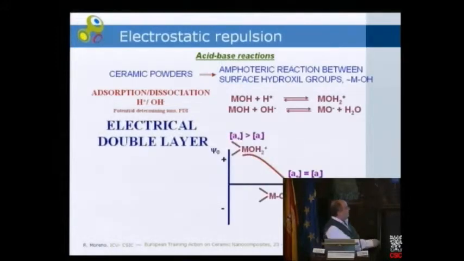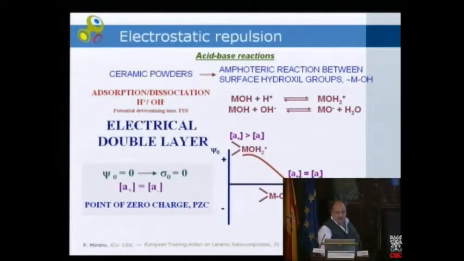If we plot the surface potential as a function of pH, we move from the positive species to the negative species predominance, and there is a point at a pH in which the activities of positive species and negative species are the same. At this point, we are at the point of zero charge, in which the net surface potential is zero, as well as the net surface charge density.